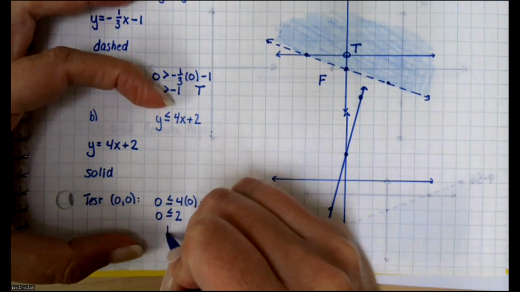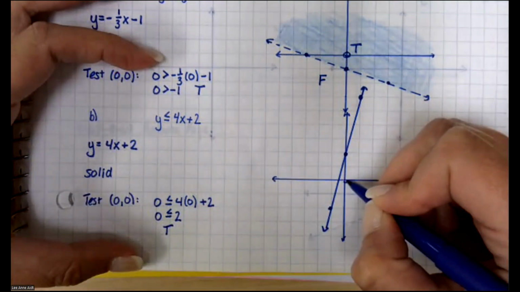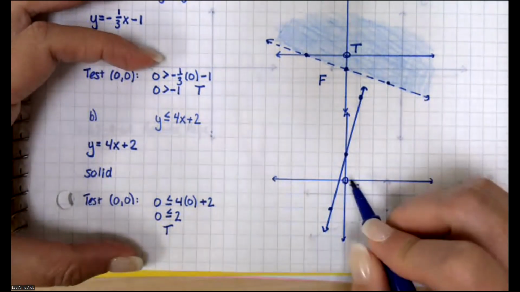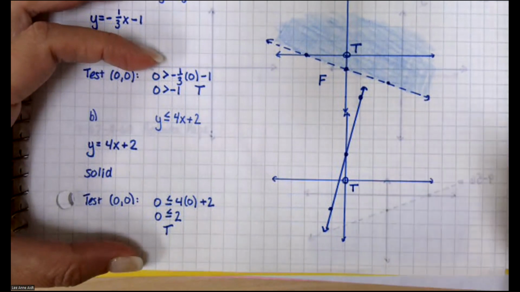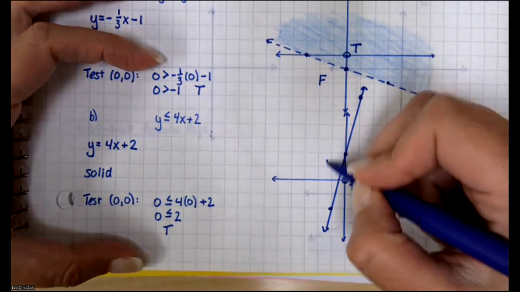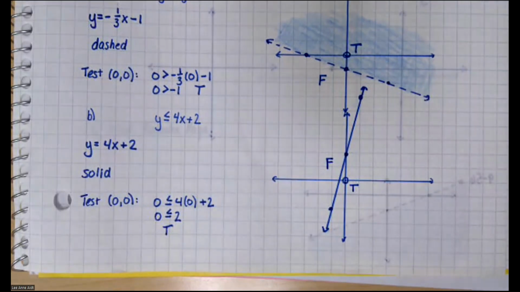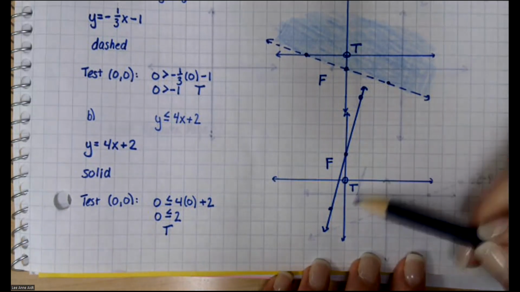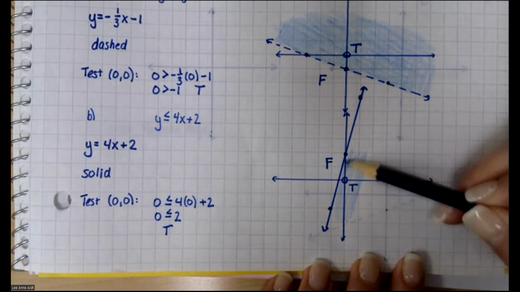It's true again. Well, that's good, I guess. Okay, so true. So I'm going to put a little dot at the origin and put true next to the origin. Put false on the other side of the line. You guys know why I put the true at the origin? Because I plugged in the origin. Okay, and then last shading.